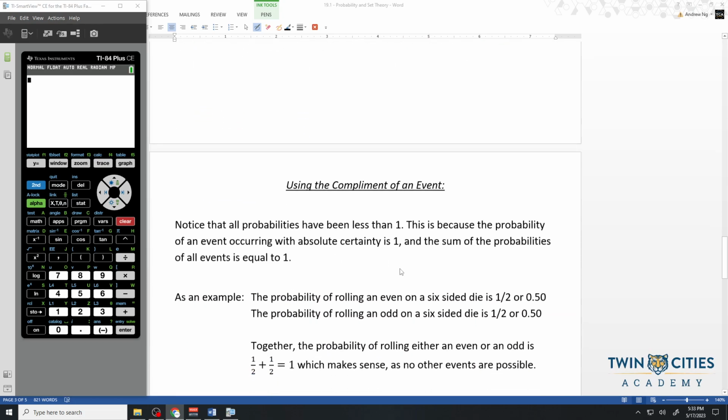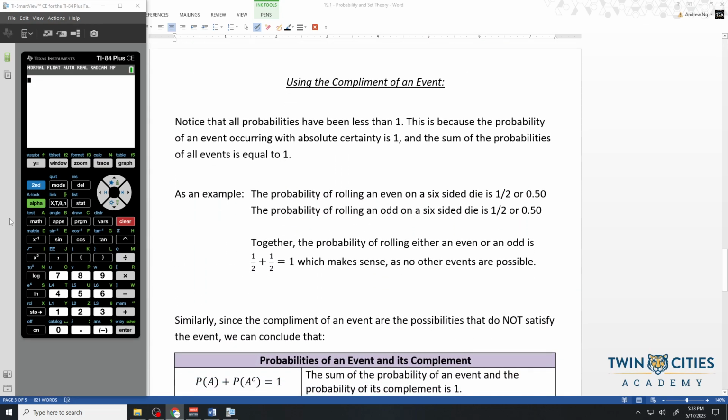All right, let's keep going. And this time we'll be using the complement of an event. So earlier we said the complement is what is not part of that set. And what you might have noticed is that all probabilities add up to 1. So a 6-sided die, what are all the things that could happen?